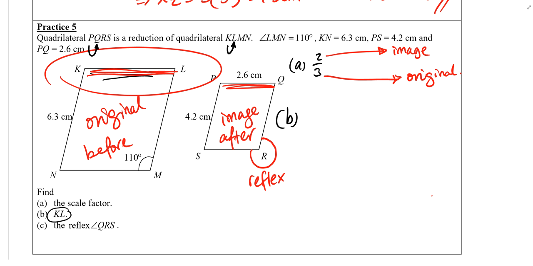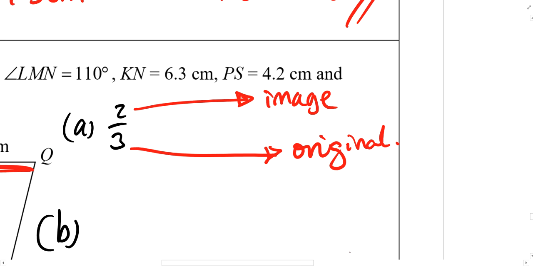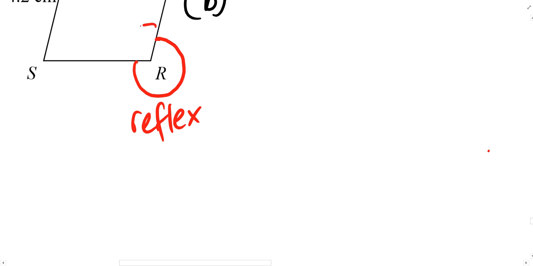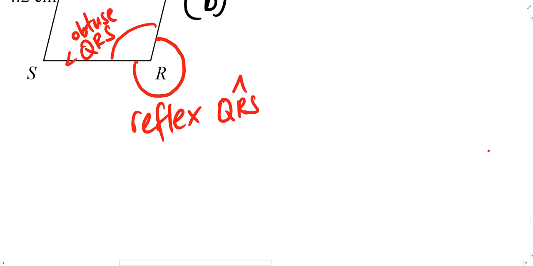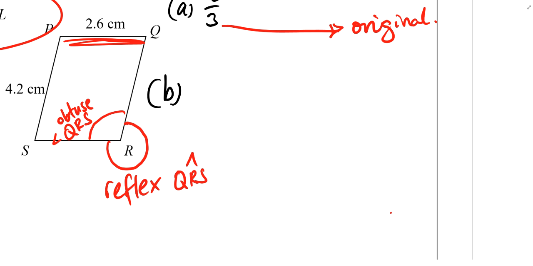So you were searching for what that 110 is, the obtuse angle. So this one over here is our obtuse QRS. This is our reflex QRS. Okay?